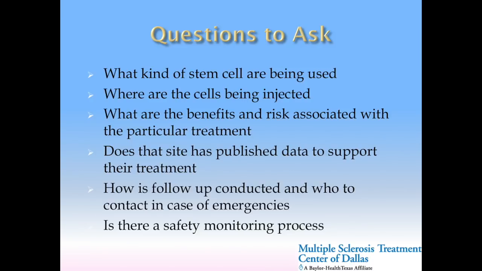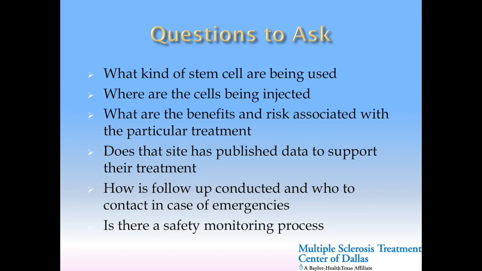Questions to ask. I started this on the prior slide, but I'll go through that again. What kind of stem cells are being used? Is it hematopoietic? Is it mesenchymal? Is it embryonic? Is it something else? What is the source? Where are they getting the stem cell from? Is it coming from you as a patient? That's important.